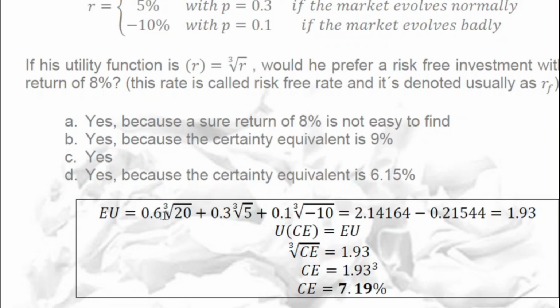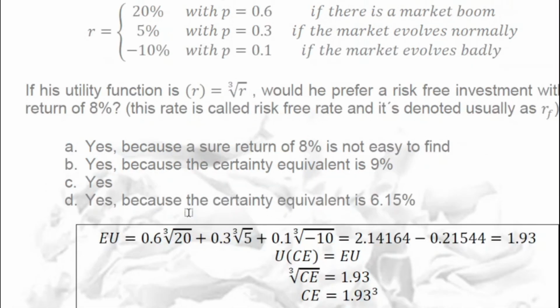So Mikkel will earn 20%, and its utility will be 20 raised to 1/3 times the probability of that scenario, plus the other scenario with its probability and the utility of the outcome, and the probability of the bad scenario with the utility level if the return is minus 10%. If I did the calculations right, the result is 1.93.